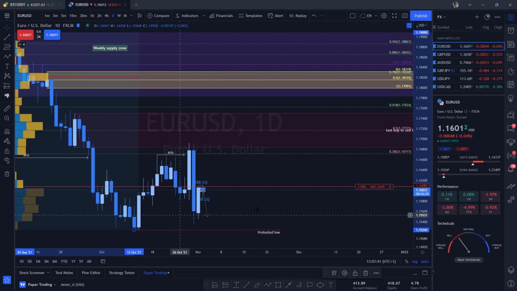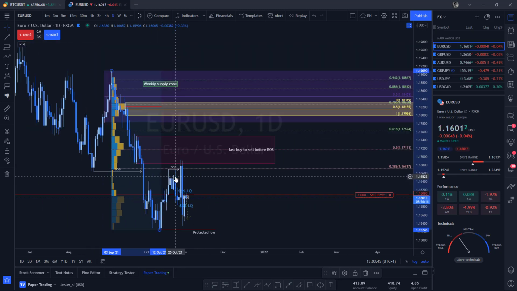And why am I still bullish on euro? The price didn't reach the premium zone, so it didn't retrace above the 50% of the last swing down. That's one point.